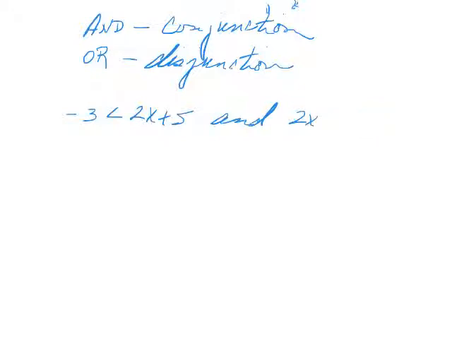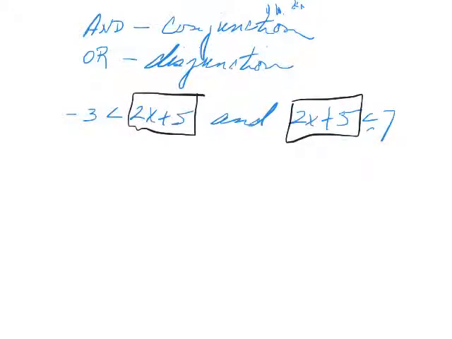So let's put that 2x plus 5 is less than or equal to 7. We can tell it's a conjunction because the first part of that and the last part of that are the same. So it means that 2x plus 5 is somewhere between negative 3 and 7. It's in there somewhere because it's bigger than negative 3, yet it's less than or equal to 7.